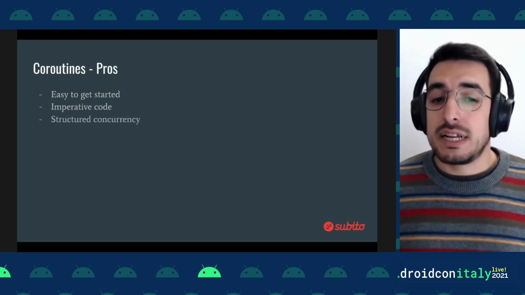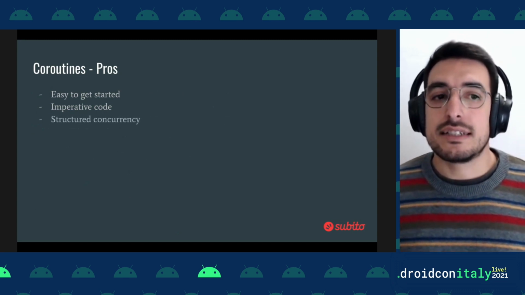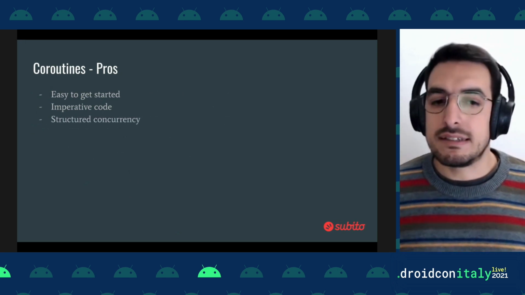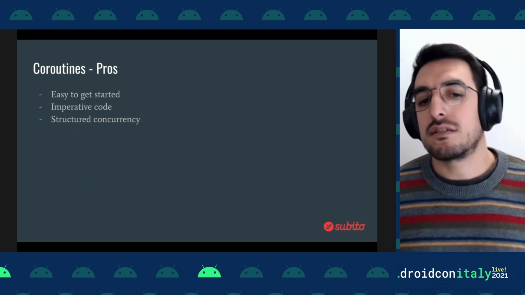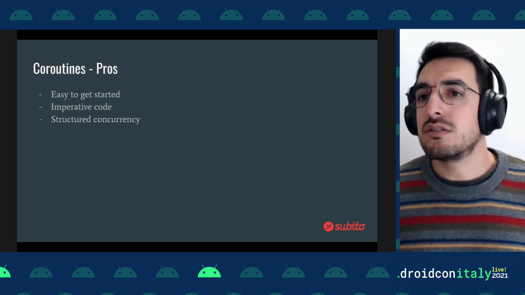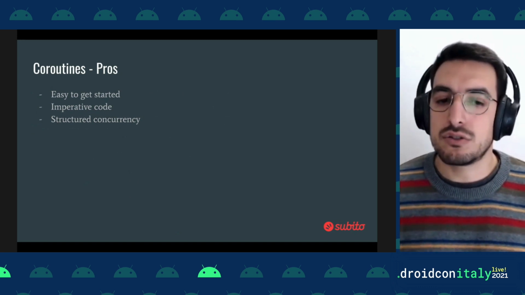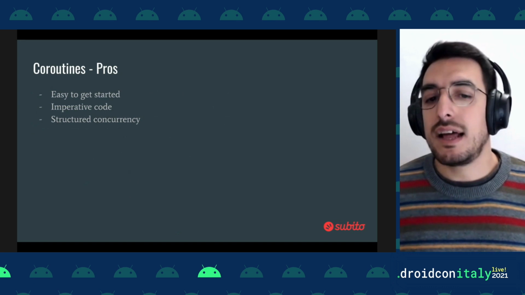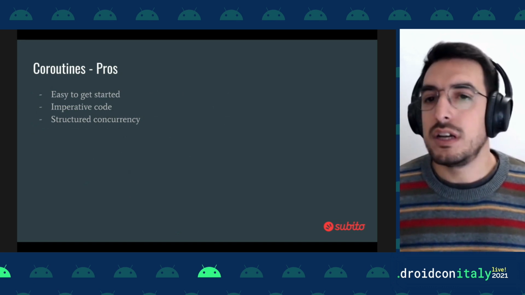And also a big improvement brought by coroutines is the structured concurrency. Well, two words about this. What does it mean, structured concurrency? The structured concurrency ensures that each coroutine will be launched in a specific scope.